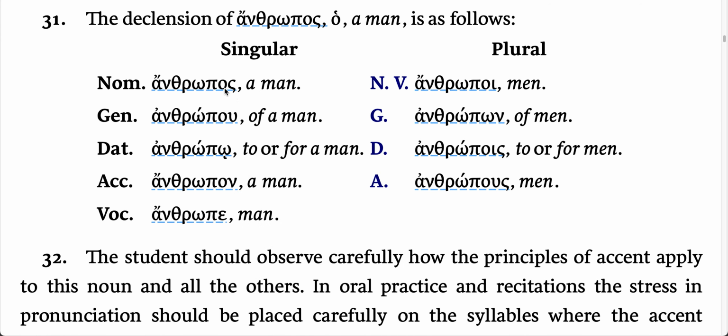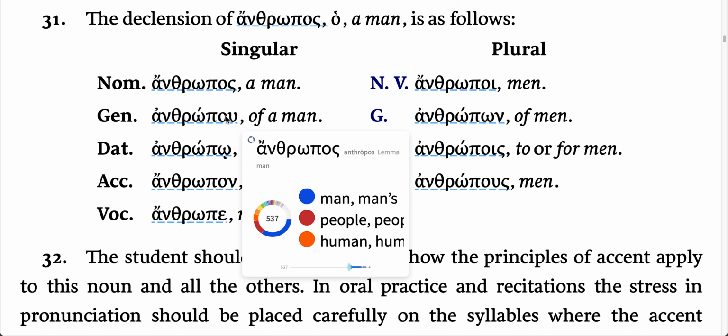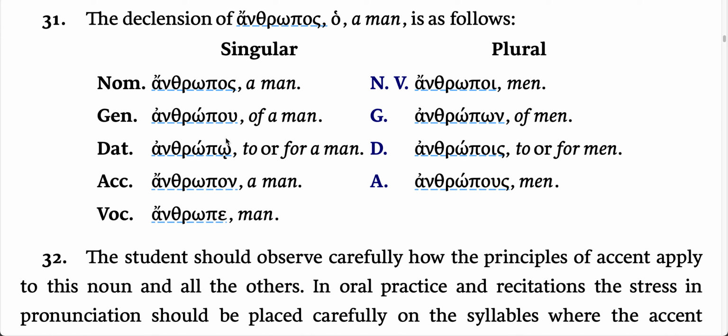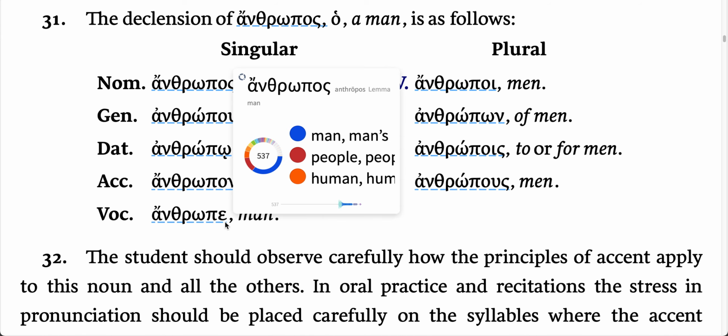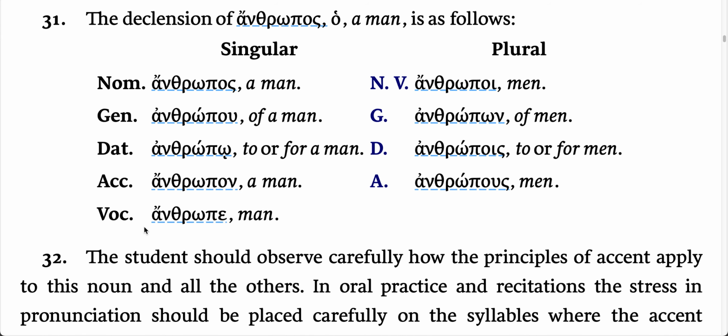So the ending is omicron sigma for the nominative singular. It's omicron upsilon, which is a diphthong, for the genitive singular. It's an omega with an iota subscript for the dative singular. It is omicron nu for the accusative singular. It is epsilon by itself for the vocative.